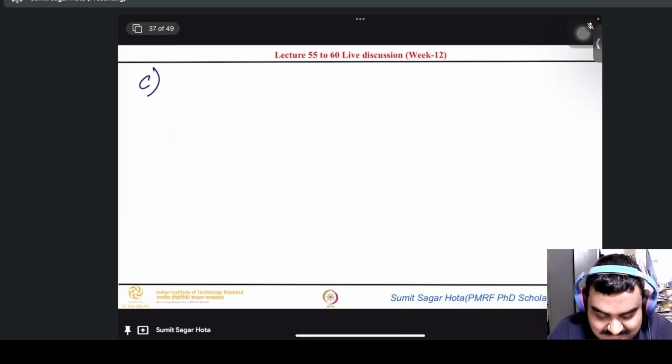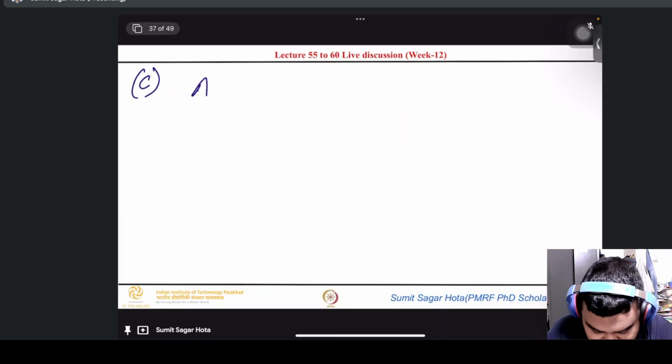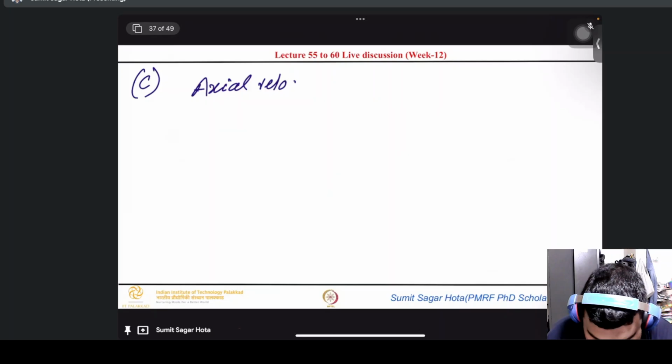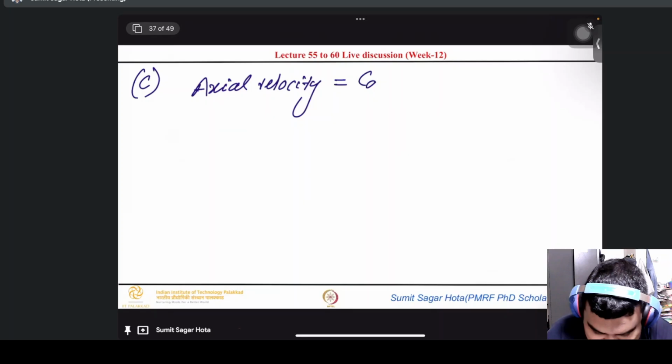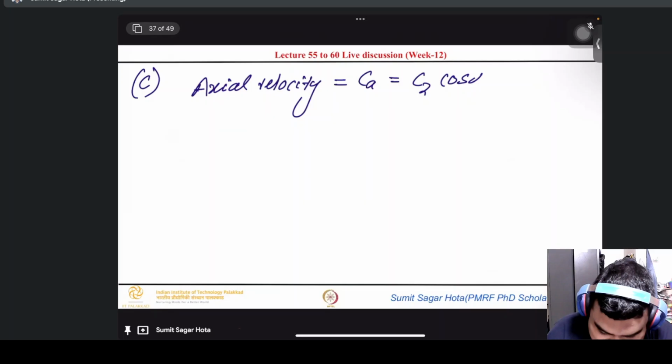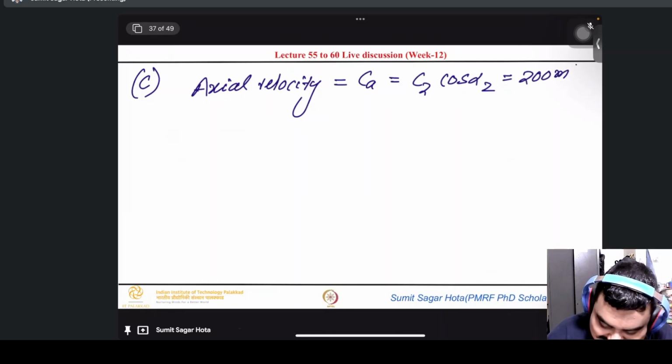Okay, now the axial velocity. CA is equal to C2 cos alpha 2, which is equal to 200 meter per second.